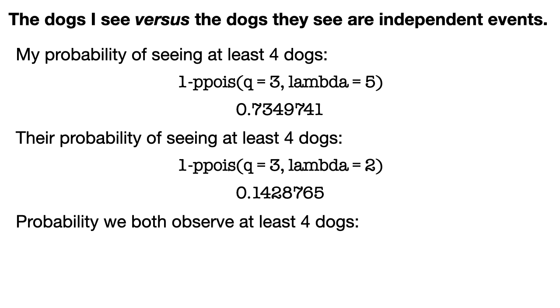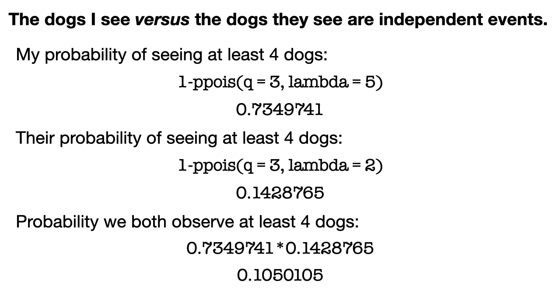And I do the same for my friend, except now their average rate of dogs per day is 2. Then I can just multiply our two probabilities and obtain a probability for us both seeing 4 dogs or more. And it looks like our odds of going out tonight stand at a measly 10%.